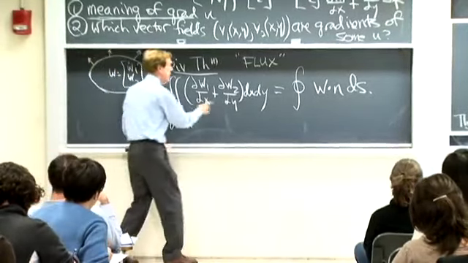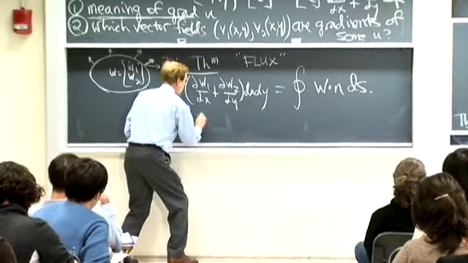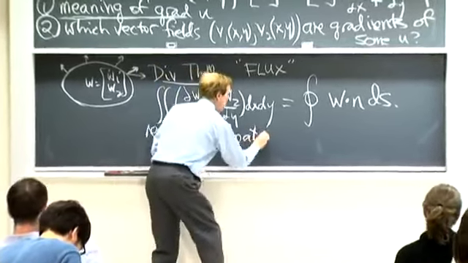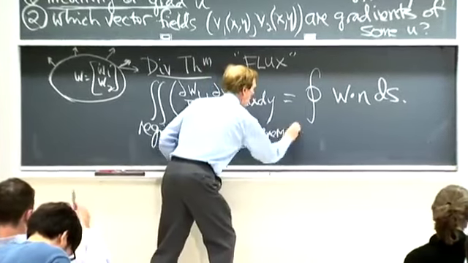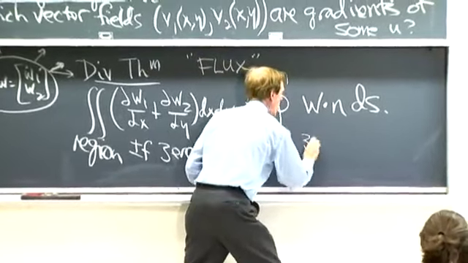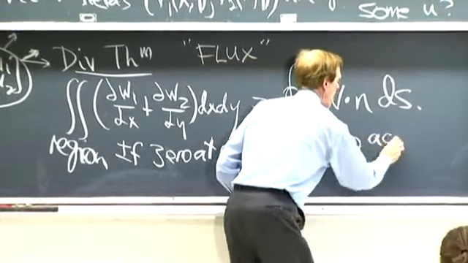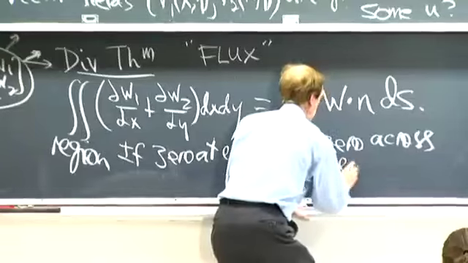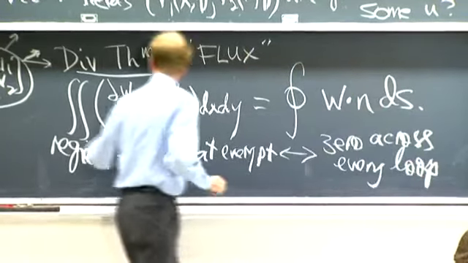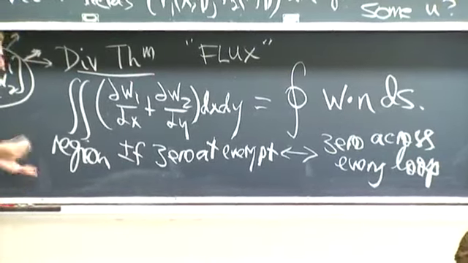If the divergence is 0, if this is 0 at every point, then this is 0 across every loop. So can I call this thing a loop? That closed loop.